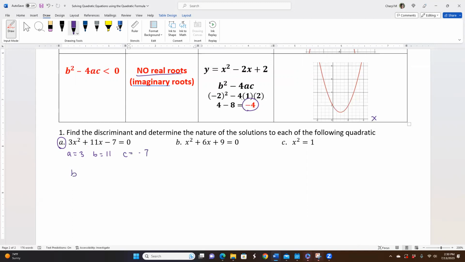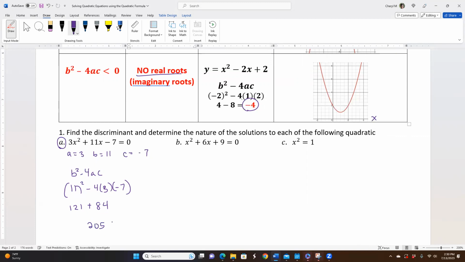And just doing the shortcut, b squared minus 4ac, we're going to get 11 squared minus 4 times 3 times -7. So this gives us 121 minus 12 times -7, which will give us plus 12 times 7, or 84. Adding these two together, it looks like we get 205.